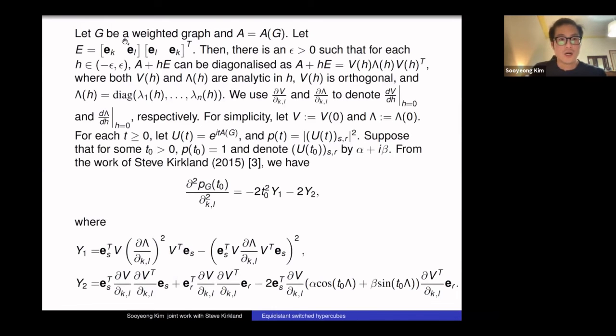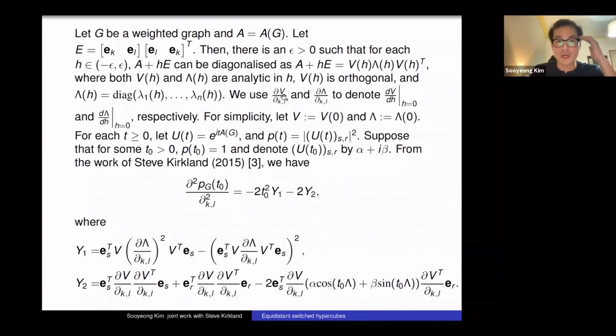To find the second derivative with respect to the edge weight, we need to think about perturbation theory. Given a weighted graph G, since we are going to perturb a particular edge K and L, we consider this matrix E, whose rank is 2. Then A plus H E, the perturbed matrix, can be diagonalized in this way, where V of H is orthogonal and lambda of H is a diagonal matrix.